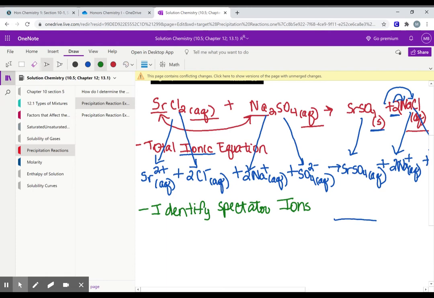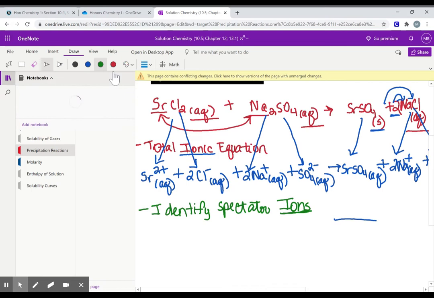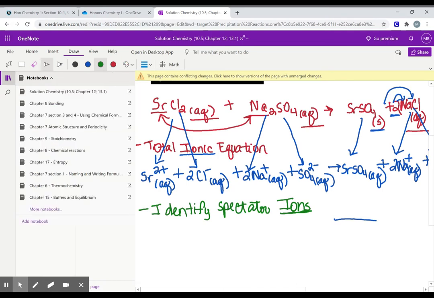Now, a spectator ion has to appear as an ion on both sides of the equation. So in other words, it'll be an ion on the reactant side, and an ion on the product side. So when I look at this, I can see that I have 2 sodium ions.